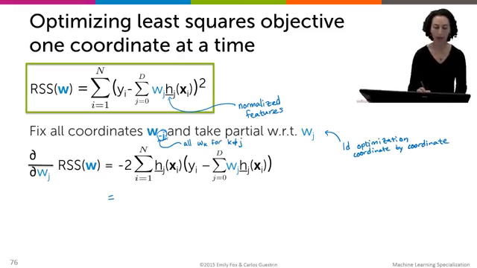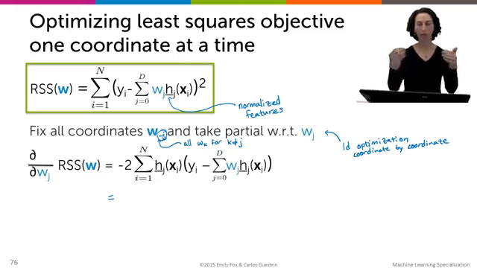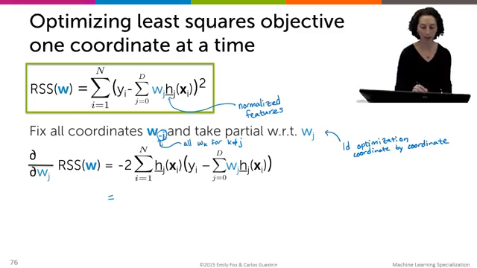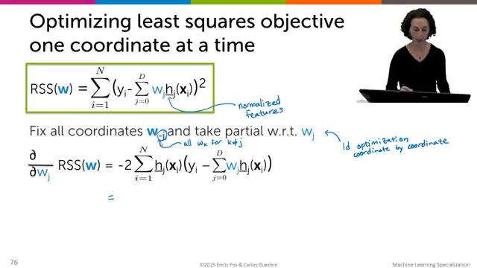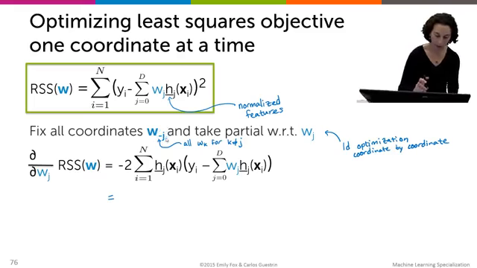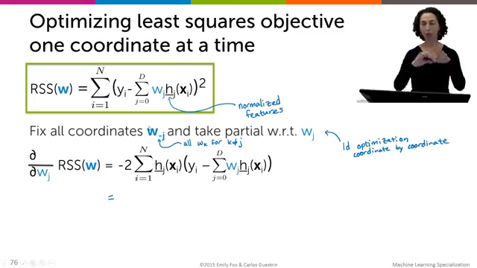So that's my shorthand saying I'm just taking my w vector and removing from that set the jth element wj. Okay, so I'm assuming that w minus j, those values are known at any given iteration of my algorithm.